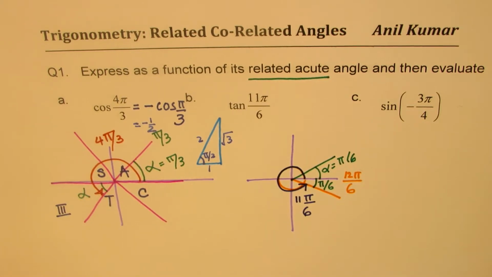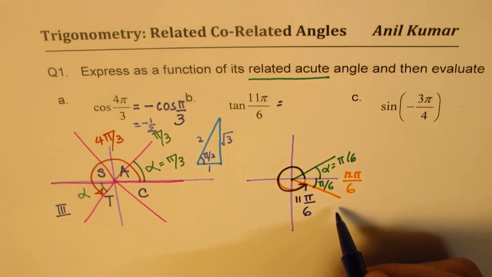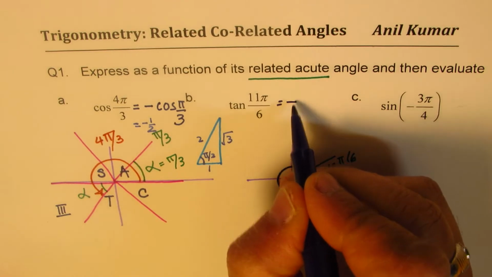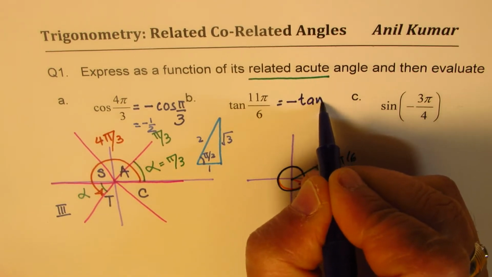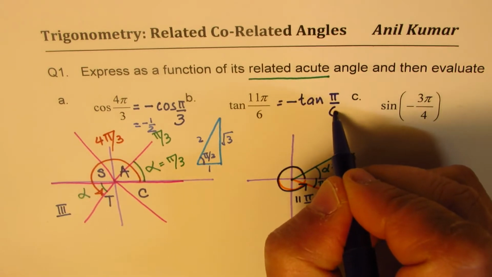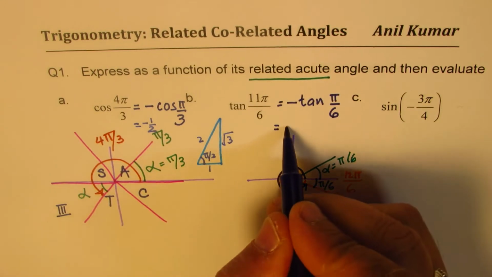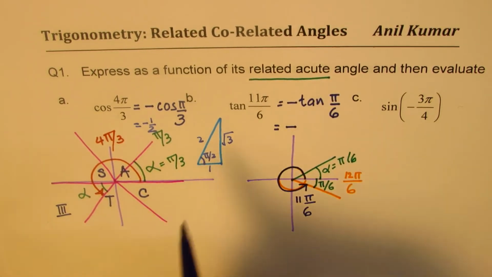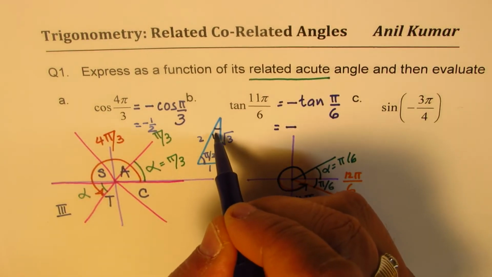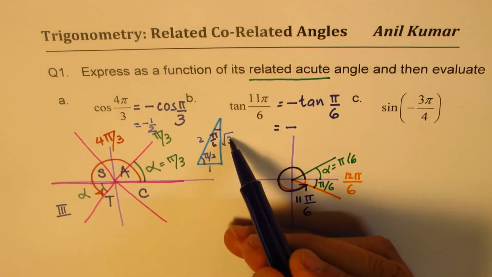As you can clearly see, tan is negative, since tan is negative in quadrant 4. So we have to write negative here, tan of the acute angle, which is pi by 6. So we get the first part. The second part here is to write down the value. So negative, of course, and we can use the same triangle, that is pi by 6. Tan is the ratio of opposite over adjacent.